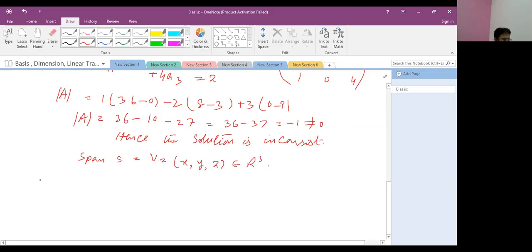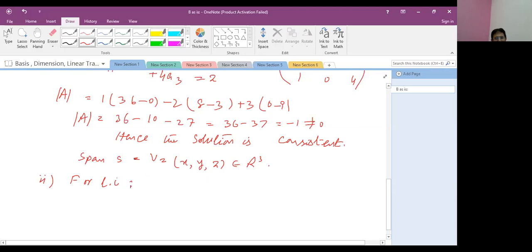Now for the second part, for linearly independent. The solution is consistent.